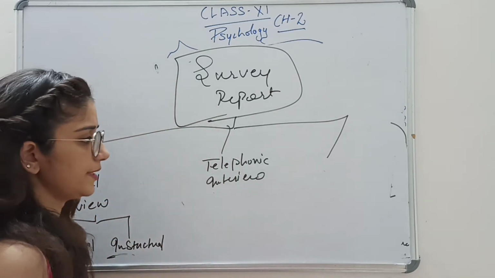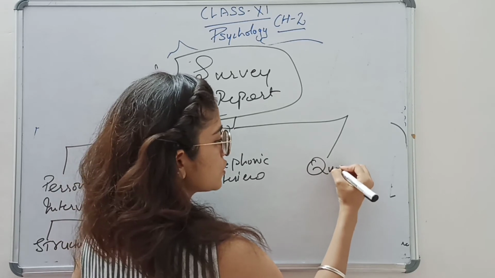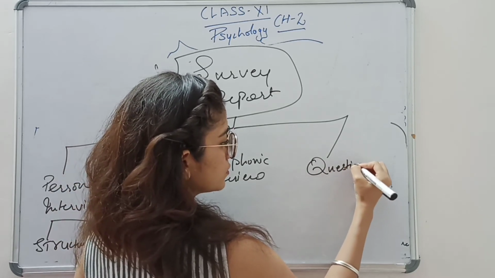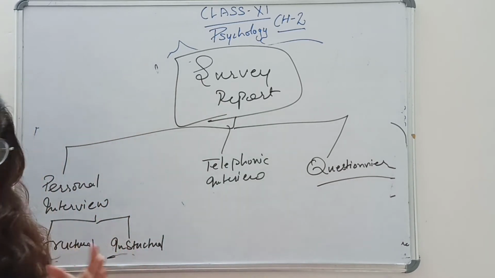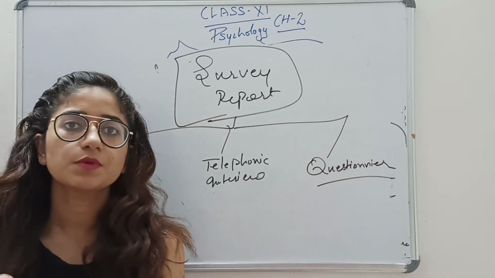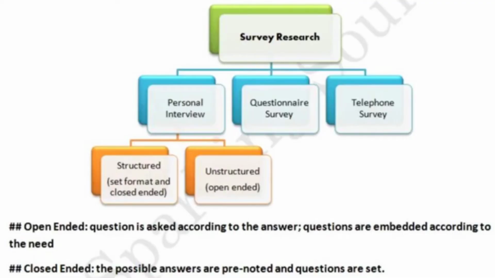So that is known as telephonic interview. And then another one is the questionnaire. In this, some questions are formed for you, and they may be in 2 forms as well. One is direct and another one is indirect.